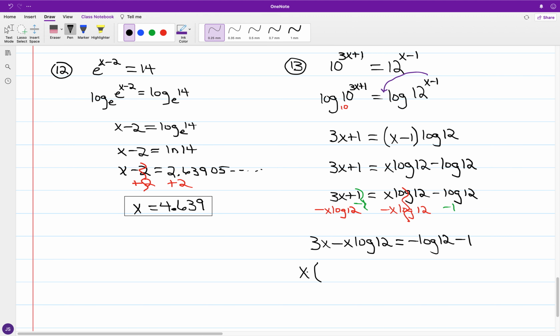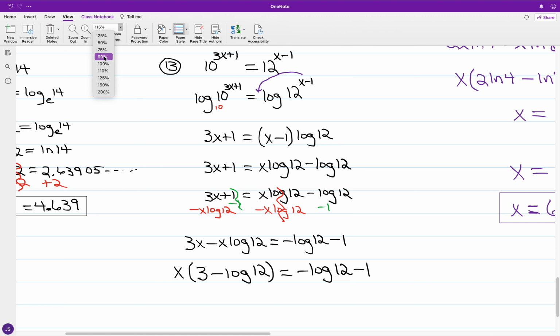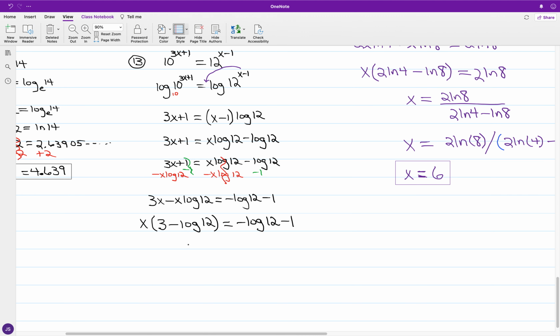So this will become x times the quantity of 3 minus the base 10 logarithm of 12, and we have minus the base 10 logarithm of 12 minus 1. As we look at narrowing things down, for x you have the negative of the base 10 logarithm of 12 minus 1.